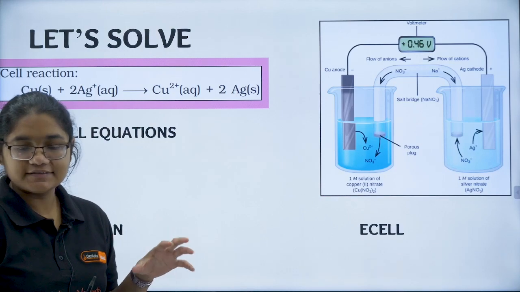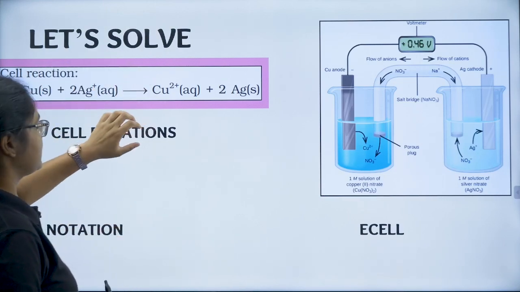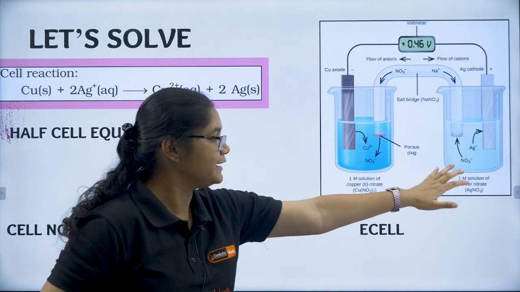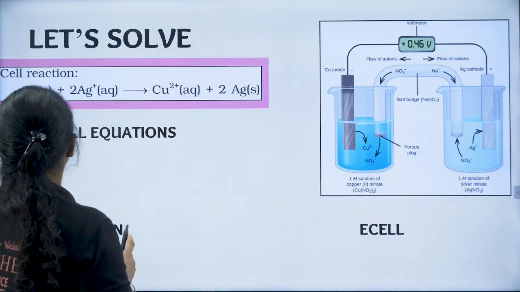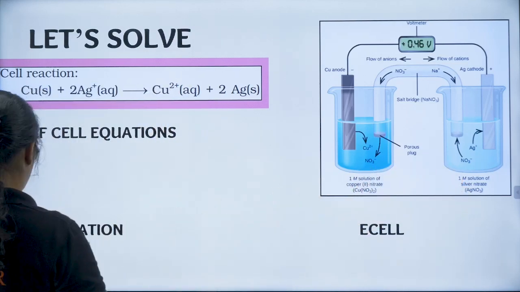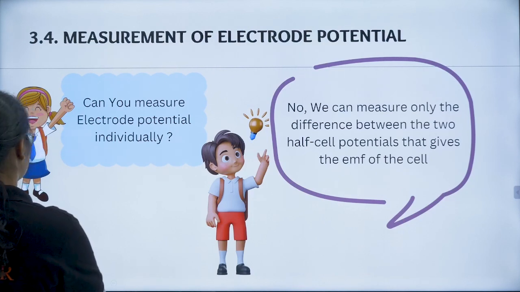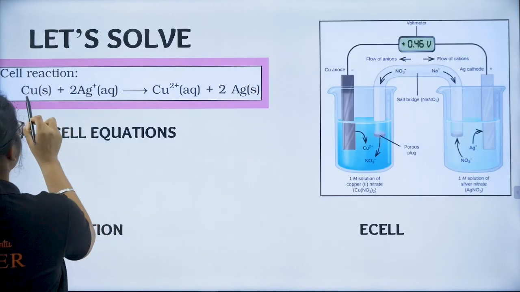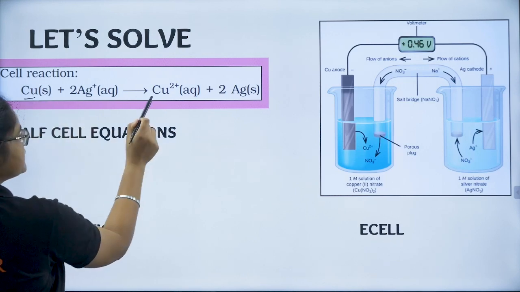So let's see the next question. We have a cell reaction where you can see that on the left hand side copper is there, on the right hand side silver is there. Yes, you can see that copper is changing from Cu to Cu2+.